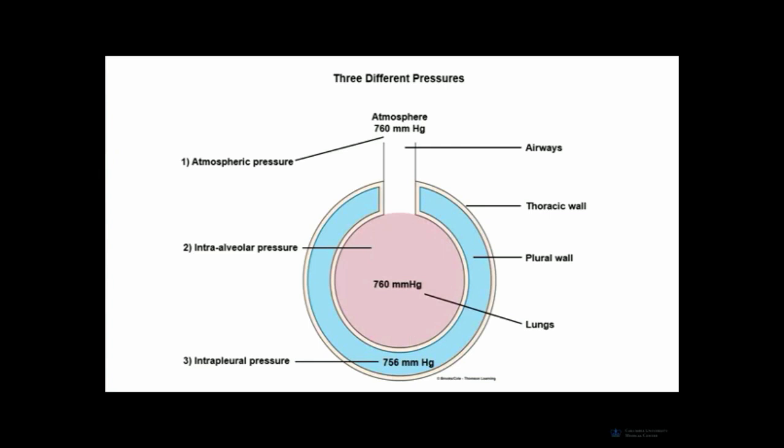So there's this tugging inward, right, that expands that intrapleural space, that intrapleural volume, and causes the pressure to decrease below atmospheric. That makes sense?